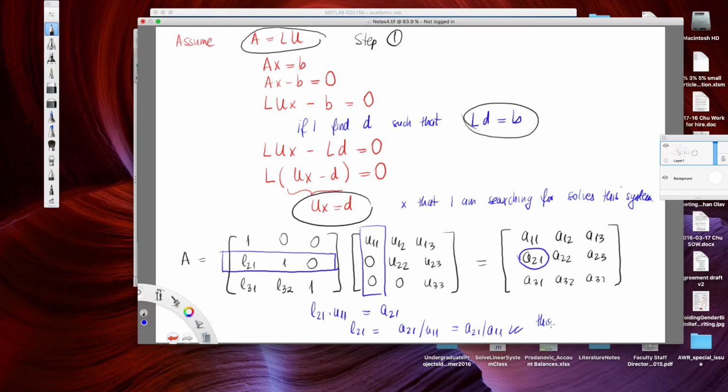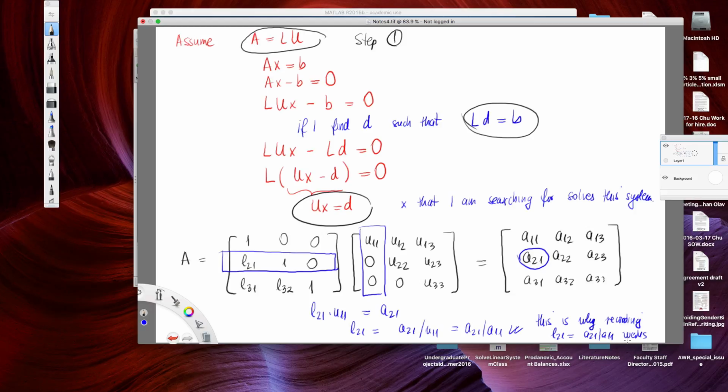So this is why recording L21 as A21 divided by A11 works. And essentially, if I didn't set these to 1, then I wouldn't have a unique solution.